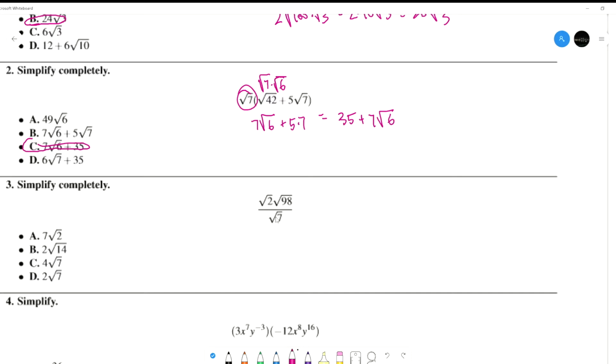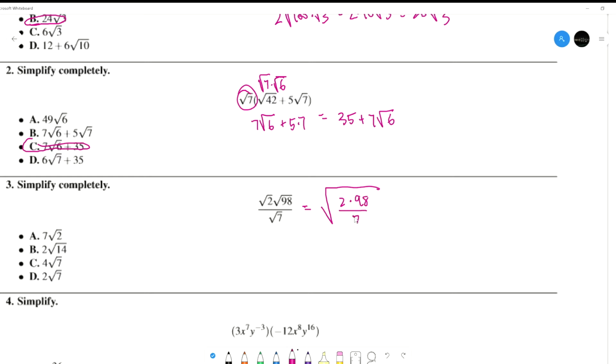If you remember the quotient rule of the radicals, right? This right here, you can actually write as 1 radical. This is 2 times 98 over 7.